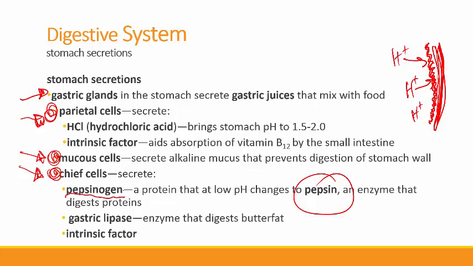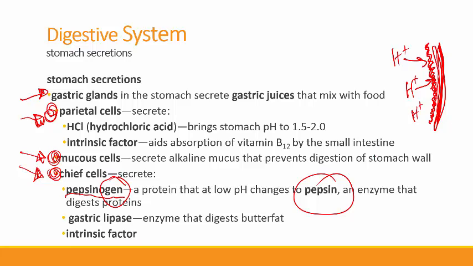So pepsinogen, remember, gen means the first or the beginning. So it's the beginning for pepsin. And when it's released into the stomach's acidic environment, it gets converted to pepsin, and it actually has an enzymatic effect.